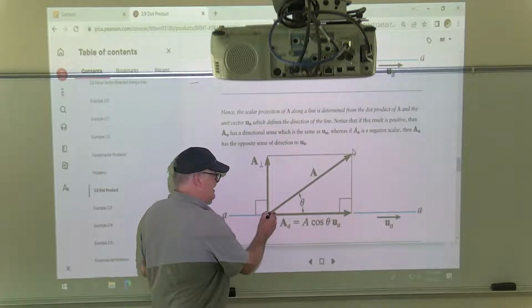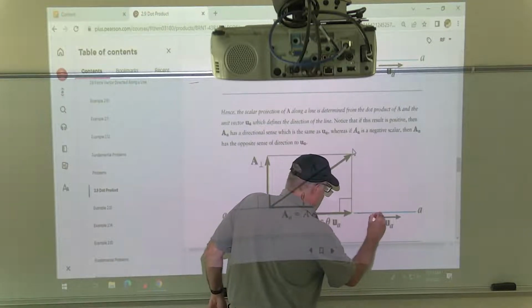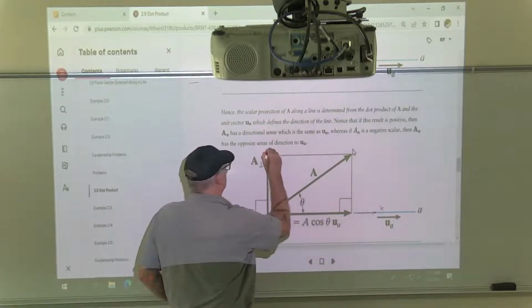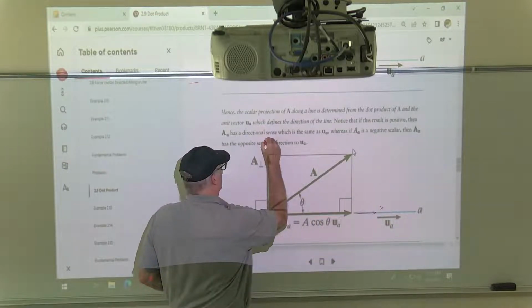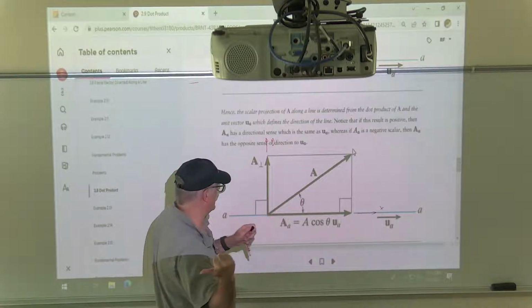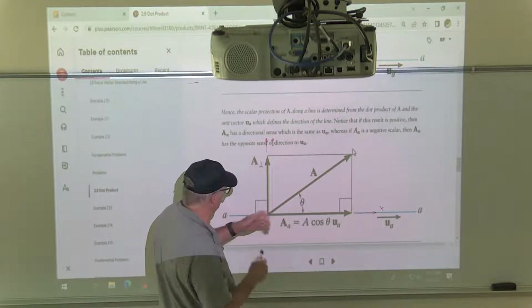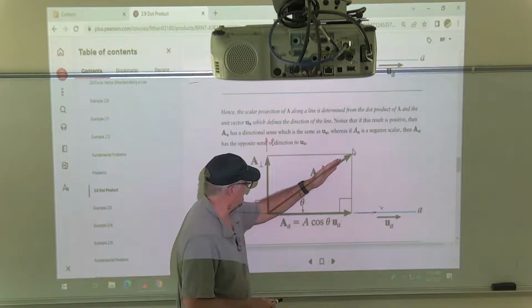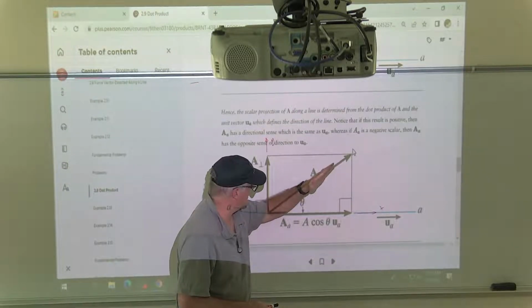Maybe this is X, and this is Y, and if you crossed them, Z is coming at you. So this vector A, instead of lying in a plane, maybe it comes out like that.